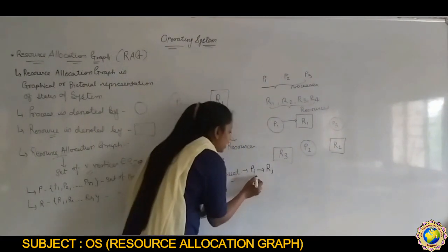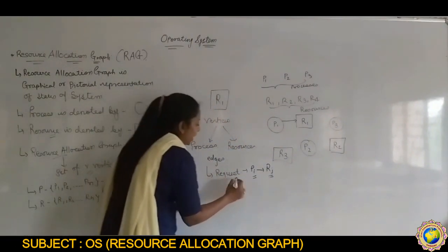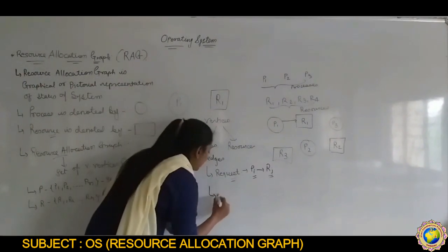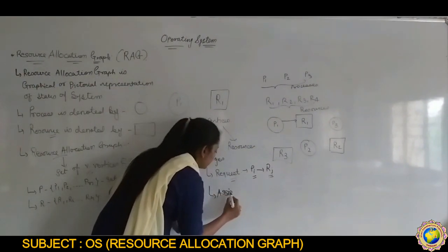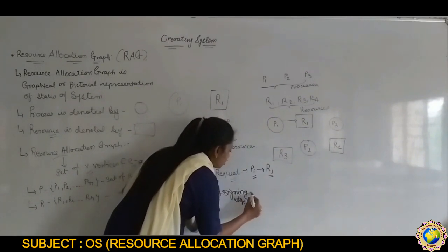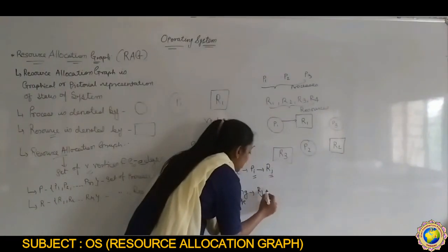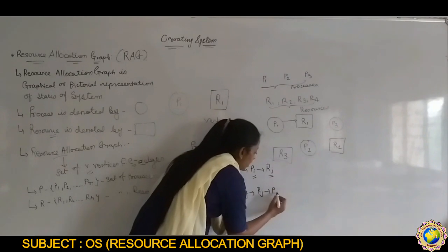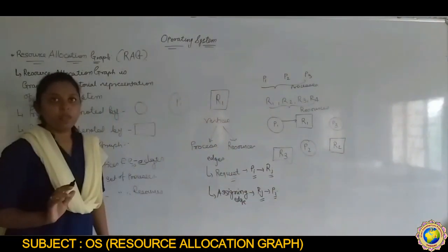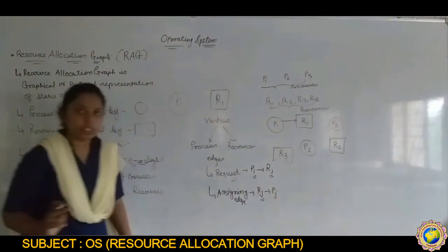Whenever a process is requesting a resource, that is called a request edge. And then there is the assigning edge. Assigning edge means the resource is being used by the process. That means this resource is already allocated to the process.